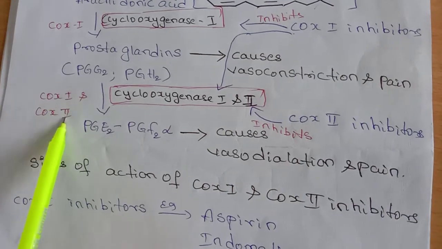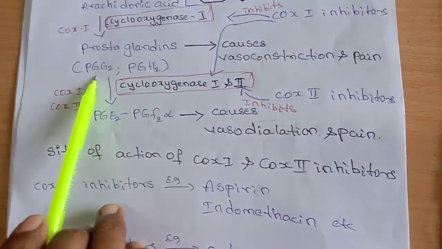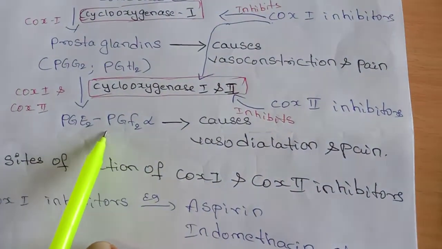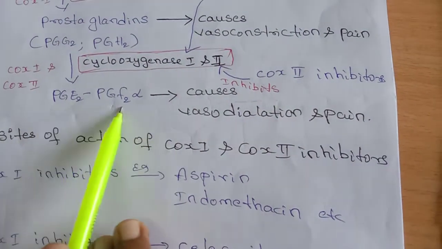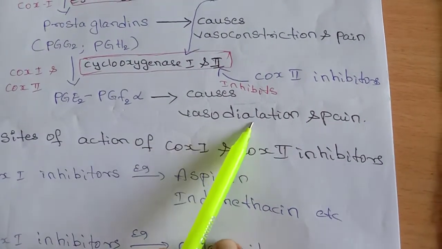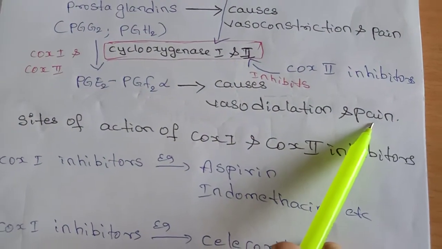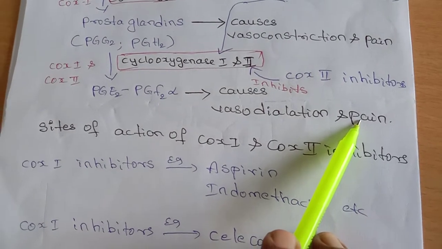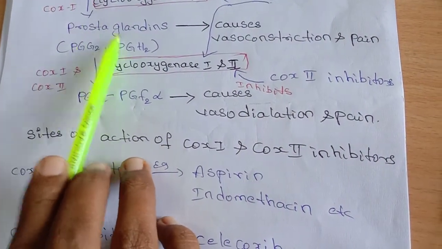Either of these enzymes converts prostaglandin G2 and H2 to prostaglandin E2 and F2 alpha, and these prostaglandins cause vasodilation and pain. This is the reason why we get inflammation and pain, because of the synthesis of these prostaglandins.